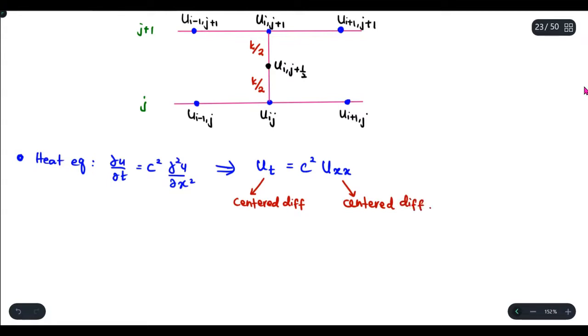Before this, in the explicit scheme, for u_t we used the forward difference, if you can still remember. But for the Crank Nicolson scheme, the u_t here we are going to be using the centered difference formula. But mind you, this u_t is now being considered at the point j plus half. It's not j, it is j plus half. So the formula will, of course, be different from the explicit scheme.